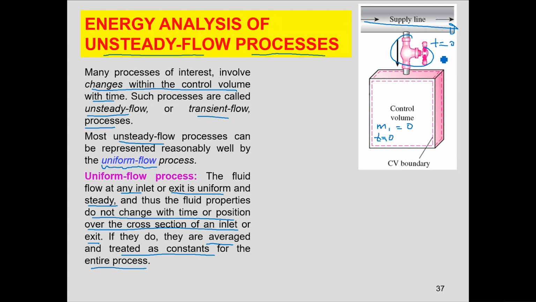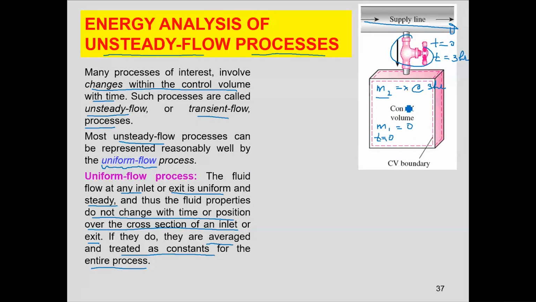As I open the valve, let's say for 3 hours, so t equals 3 hours. After 3 hours, the mass within the control volume, m2, would have some value, let's say x. So the mass has changed within the control volume. It is not 0 now.